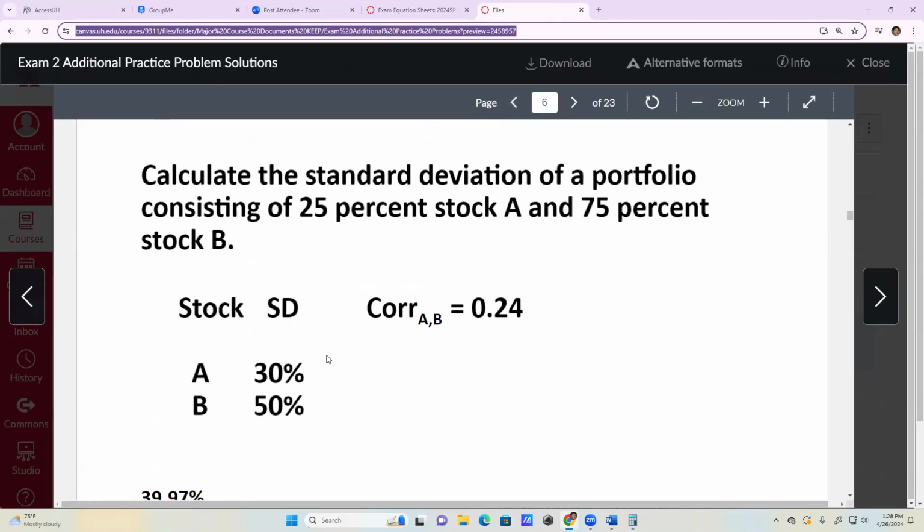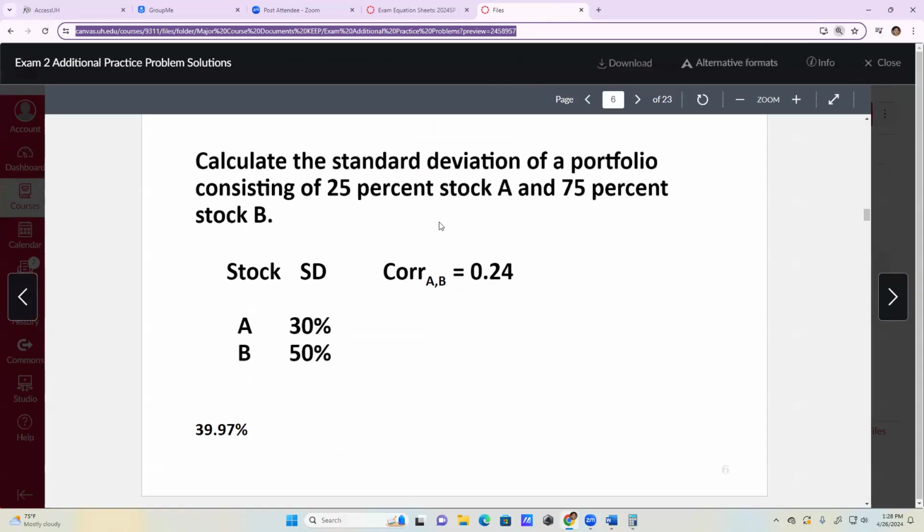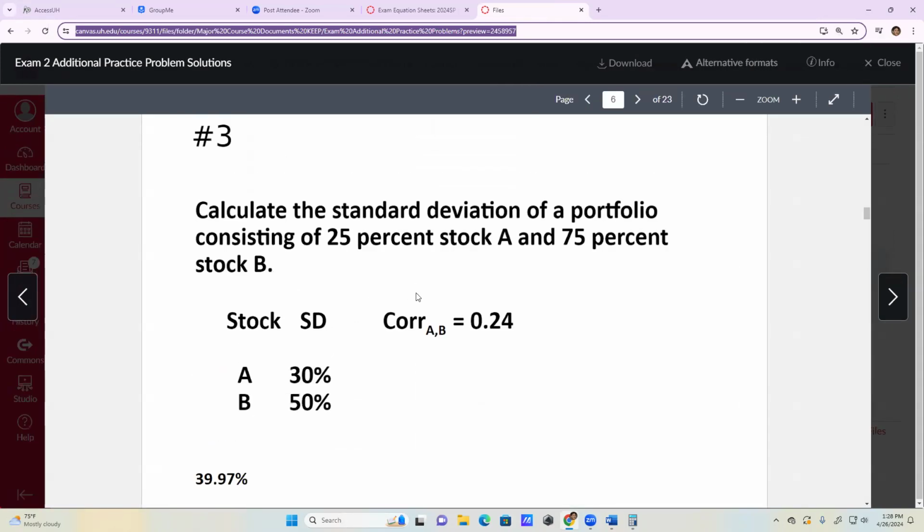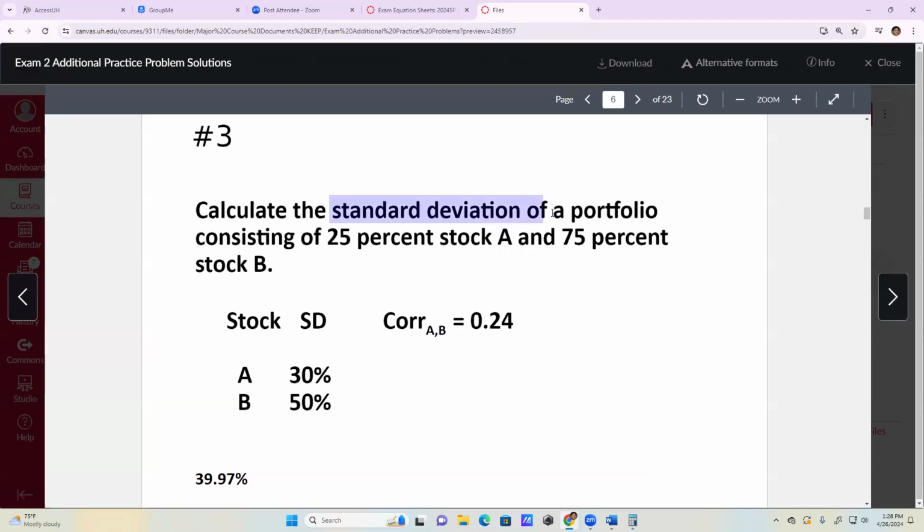However, first things first, my apologies: this one is telling you to find the standard deviation of the portfolio, which means the whole thing.